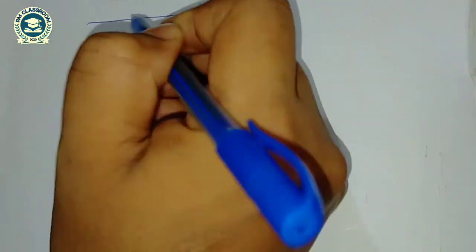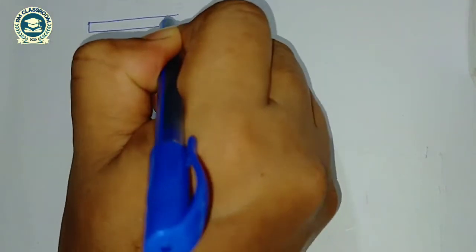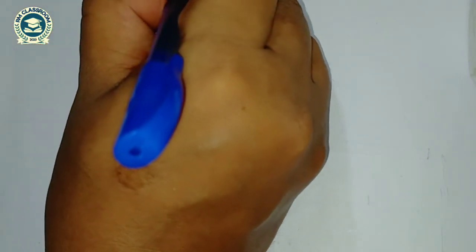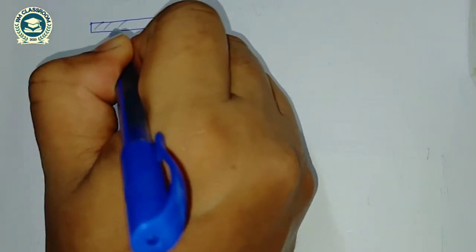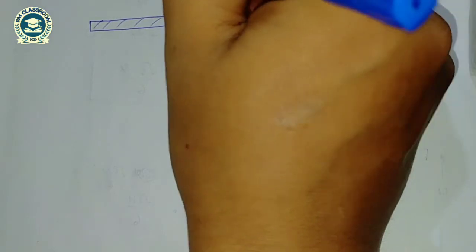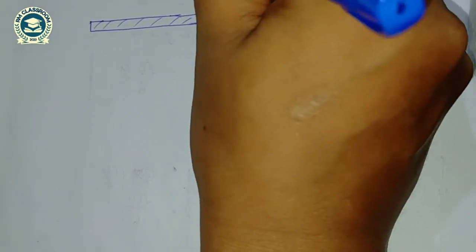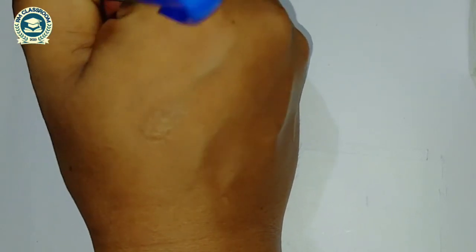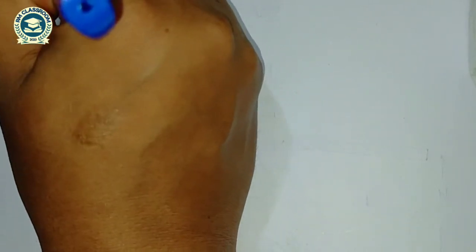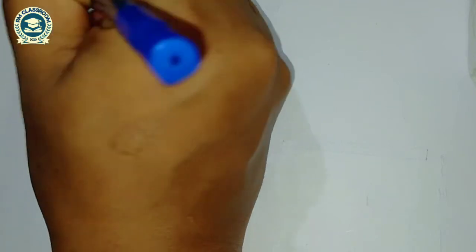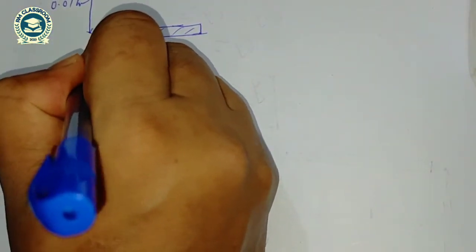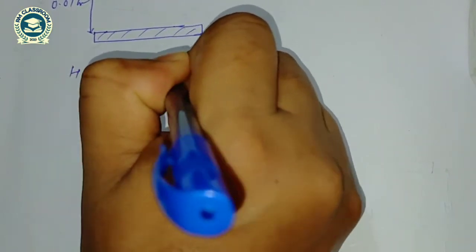So let us assume this is our plate. One plate is stationary and this plate is moving at a velocity of 1 meter per second, and this is 0.01 meter. So h is equal to 0.01 meter.